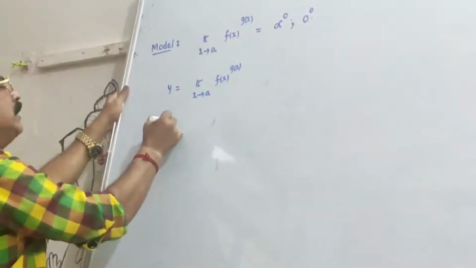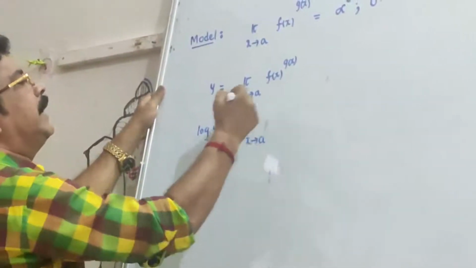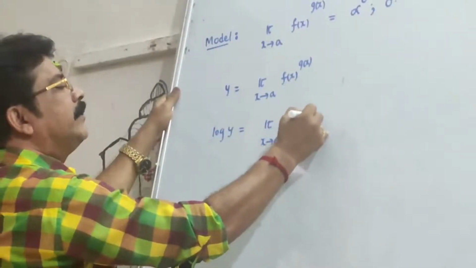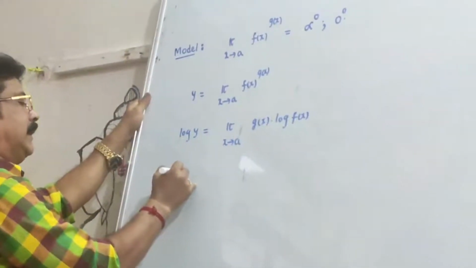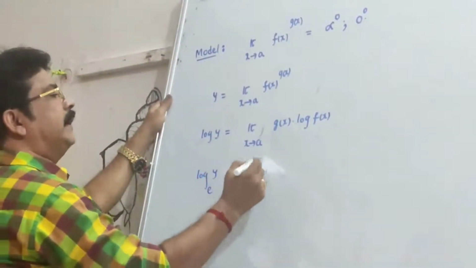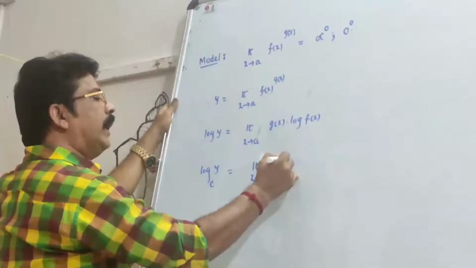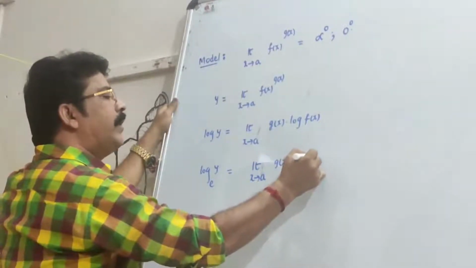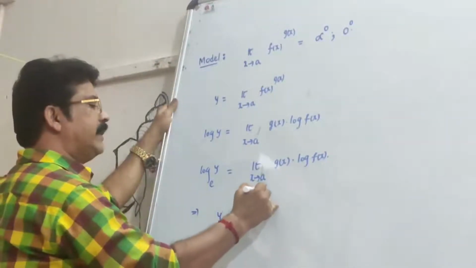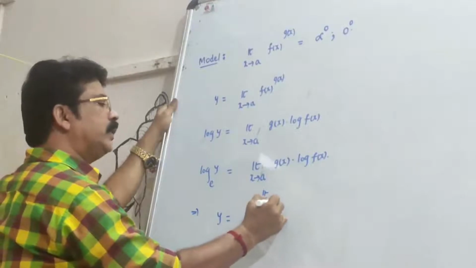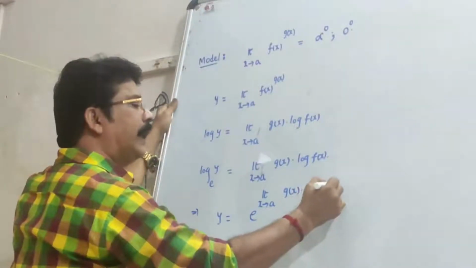Now applying log on both sides, log y is equal to limit x tends to a. Directly we can write it as g of x into logarithm of f of x. So log y, it is base e, that is equal to limit x tends to a g of x into logarithm of f of x. That implies y is equal to e power limit x tends to a g of x into logarithm of f of x.